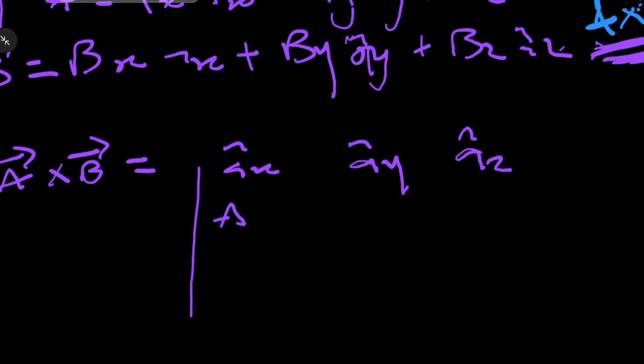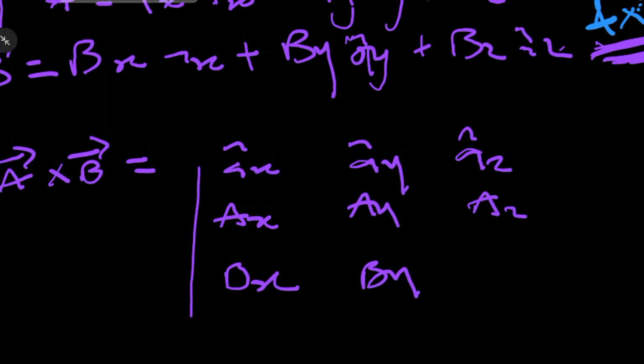So we have our AX, BX, AY, BY, and AZ, BZ. So we can use the determinant method to find our unit vector.